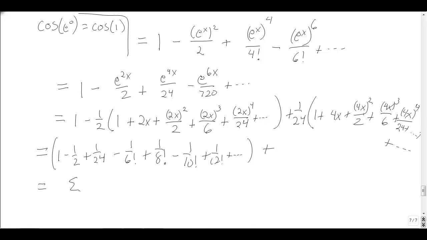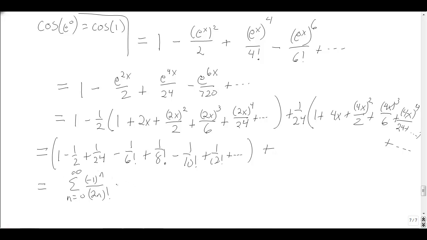So if you look at this constant term, it's a sum from n equals 0 to infinity. It's alternating, and I'm dividing by 2n factorial. So it's 2 factorial, 4 factorial, 6 factorial, 8 factorial, 10 factorial, 12 factorial.